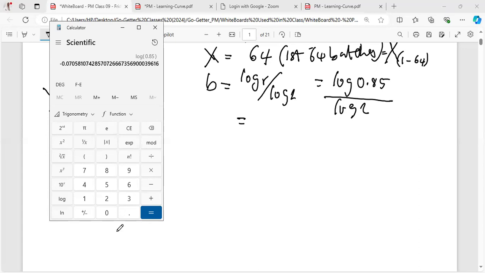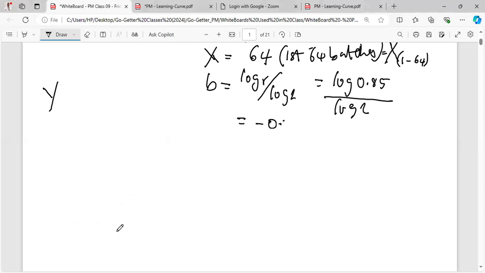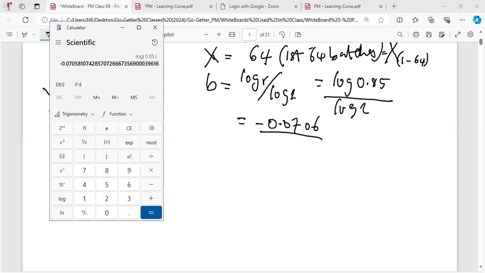So I will say minus 0.0706, now divided by, I'm going to bring another calculator so that it's going to be okay. I'll need to stop and start sharing again so that this second calculator will show.